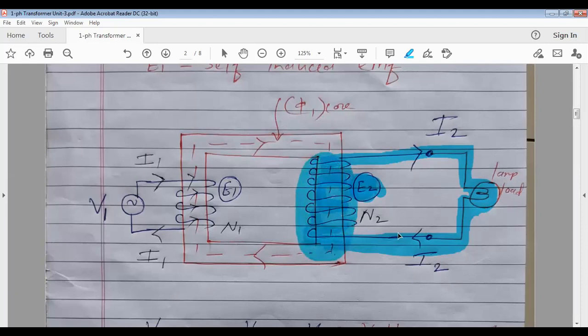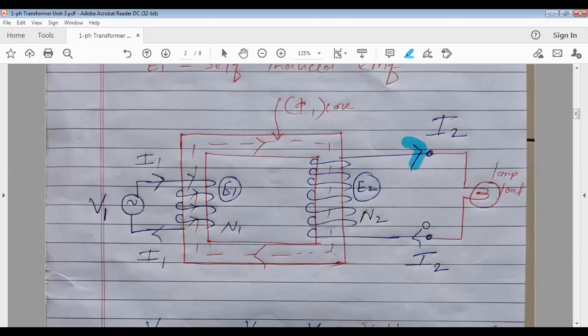Now as EMF of approximately 220 volt gets induced in these copper turns and the circuit is closed, will current start to flow through the secondary winding? Yes, ma'am. Current starts to flow. All of you can see here I2. Now as I have connected a single lamp, will the current flowing through this lamp and the current flowing through this winding be the same or different?